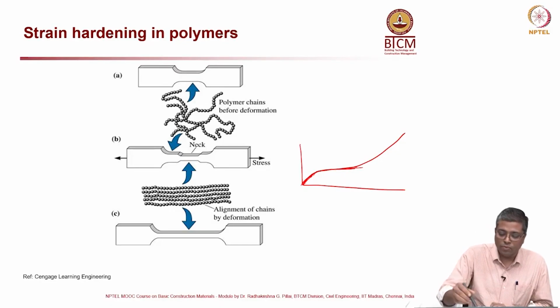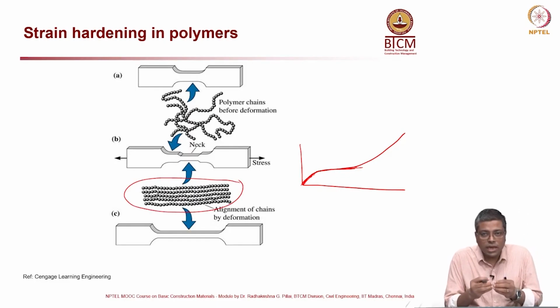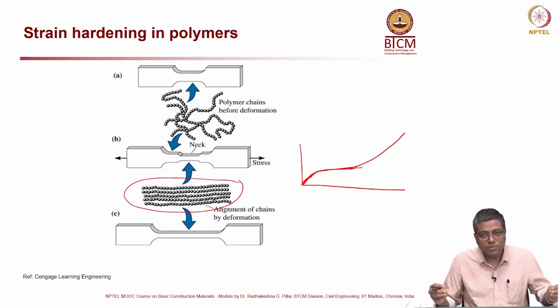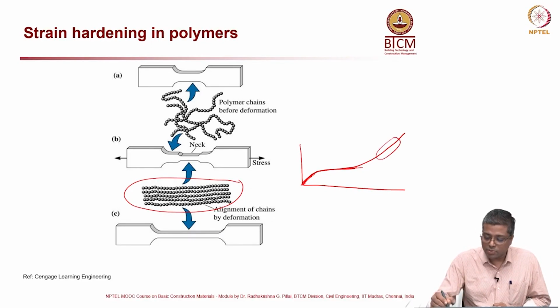That is the time when the polymer chains try to get straightened, and once they are straight, then only they will try to take the load. So, that is this portion where they start taking the load.